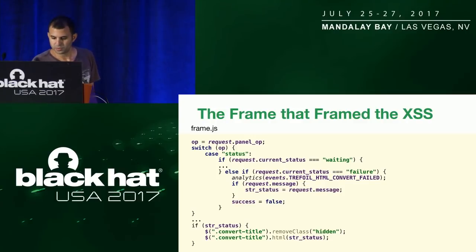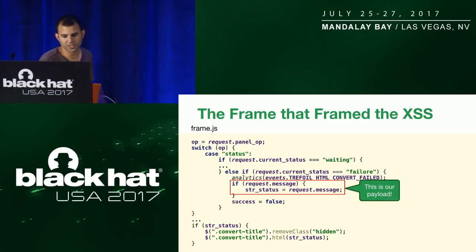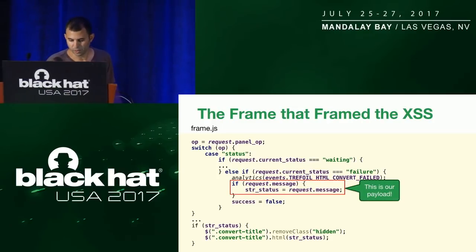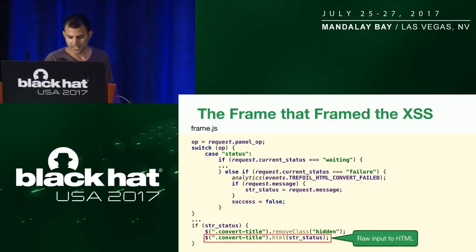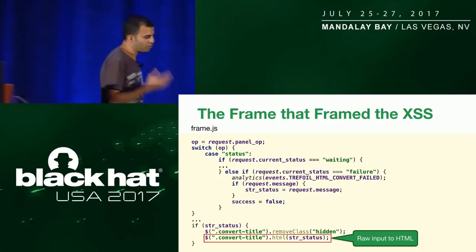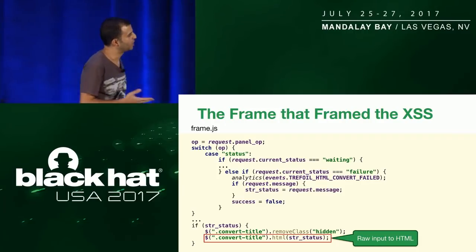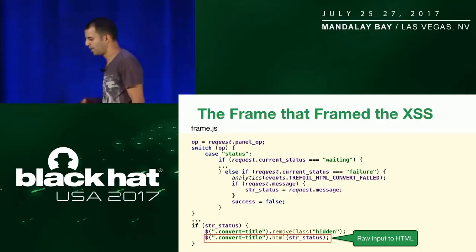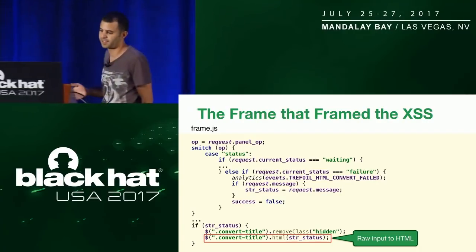Why? Let's see where the vulnerability is. It's pretty straightforward. Our payload in request.message gets into str status, and then str status gets into the raw HTML of the title of this page. So that's really a common, easy, trivial case of XSS.